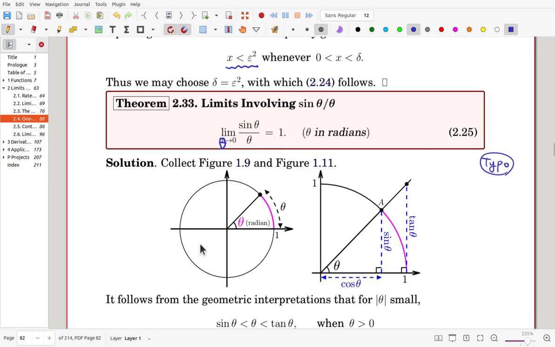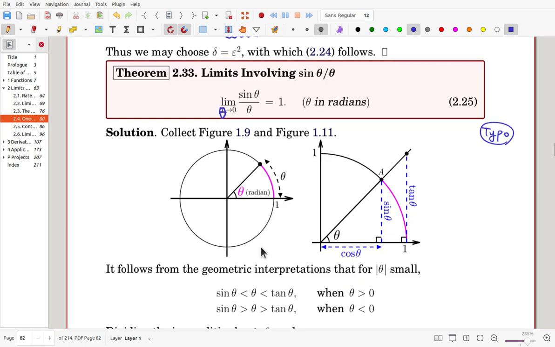By using the geometric interpretation for the angle, we can see it quite easily. The angle theta in radians is defined this way: along a circle of radius 1, if the arc length is theta, then the corresponding angle is theta. That is the definition.